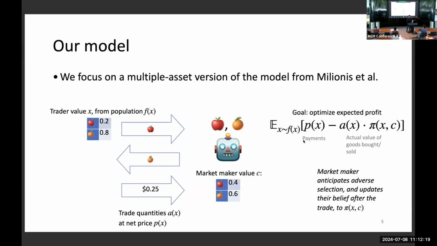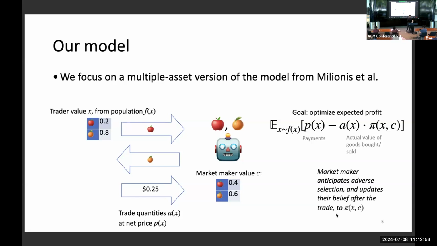As I mentioned earlier, we want to maximize the expected profit of the market maker, and this is just this expression. To take adverse selection into consideration, we want the market maker to anticipate the degree of adverse selection and then update their belief after every trade according to something called a belief update function, represented by pi xc here.